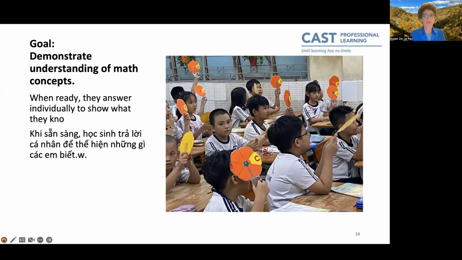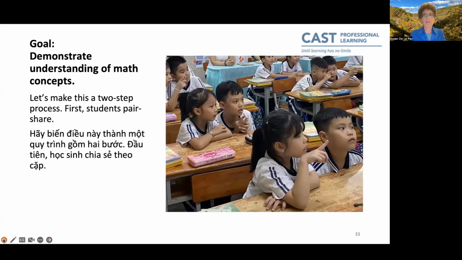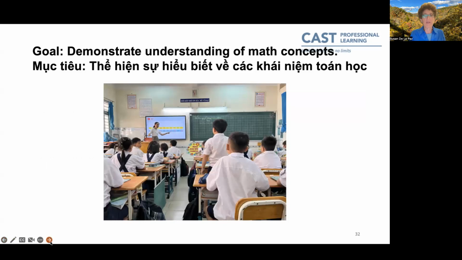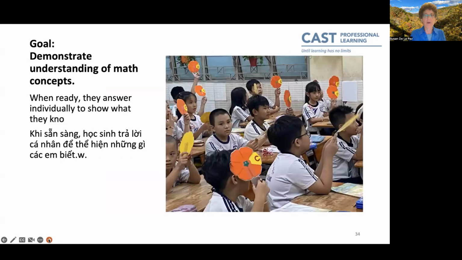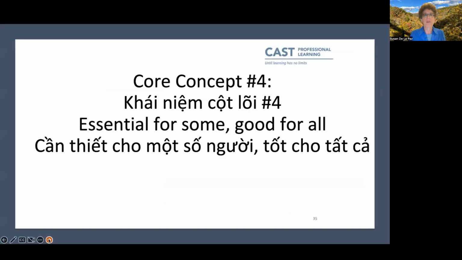If my goal was the same, we also have a difference that I want to mention, which is that in the first situation one student is responding while everyone else is listening. But in the second situation, all of the children are actually participating, which is also a really important concept.